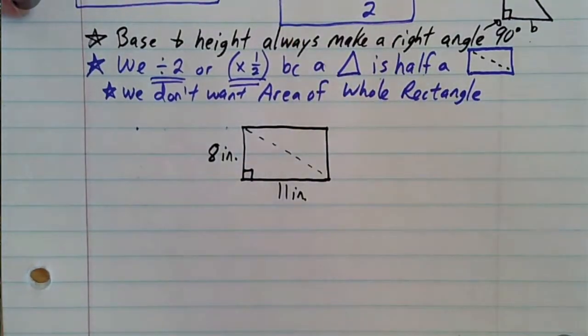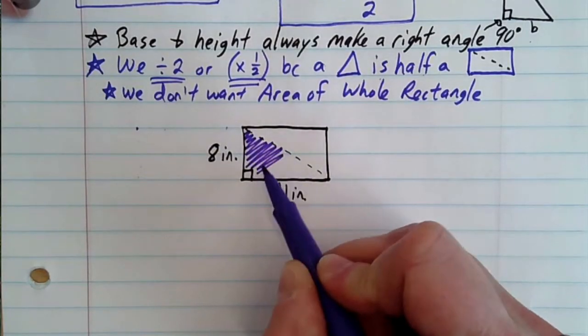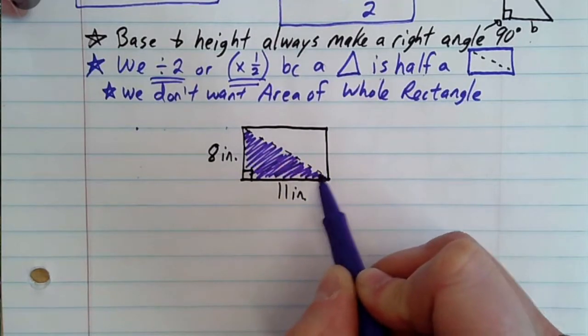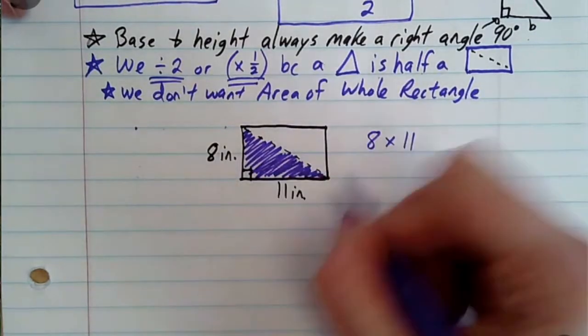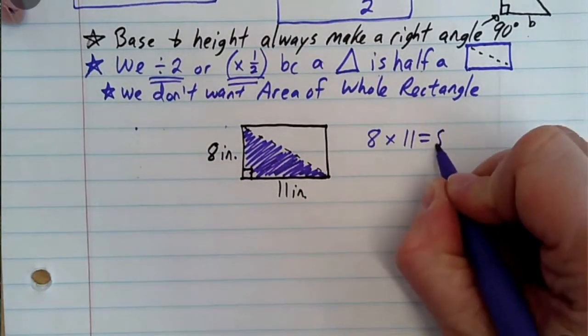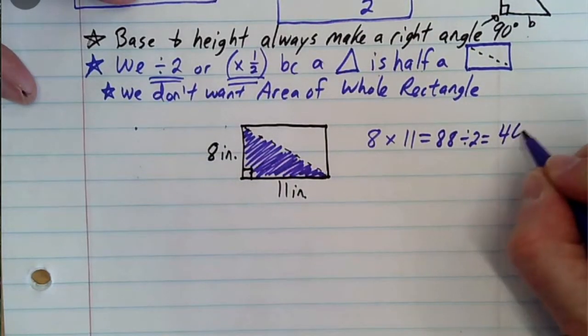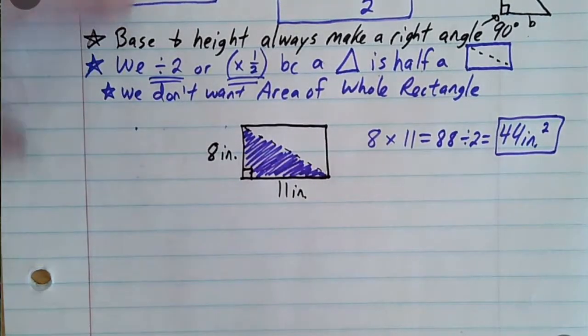And so in order to find the area of this half, which would be the triangle, you can get the area of the whole thing and then you can divide it by 2. So 8 times 11 would be the area of the whole thing, which is 88, and then when we divide by 2, that's when we get the area of just the triangle, which was 44 inches squared. We have to label it 44 inches squared.